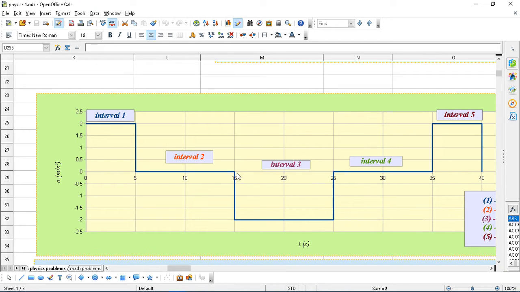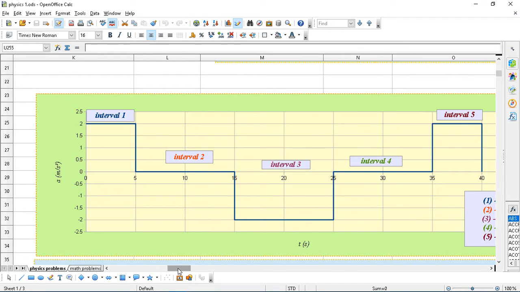For interval 3, the acceleration is minus 2 meters per second squared from 15 to 25 seconds. For interval 4, from 25 to 35 seconds, the acceleration is 0 meters per second squared. And for interval 5, from 35 to 40 seconds, the acceleration is 2 meters per second squared.